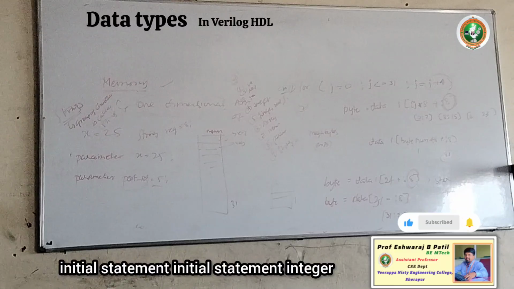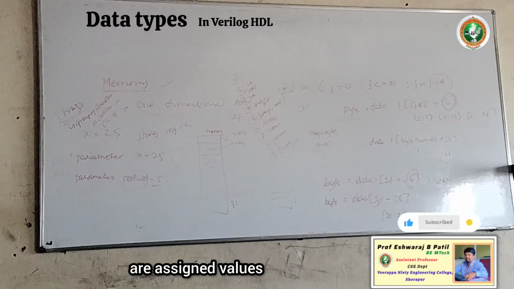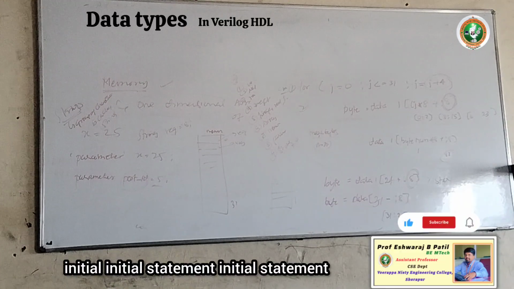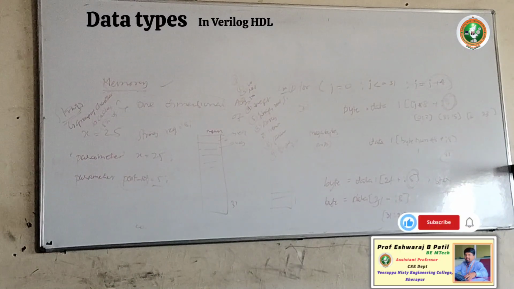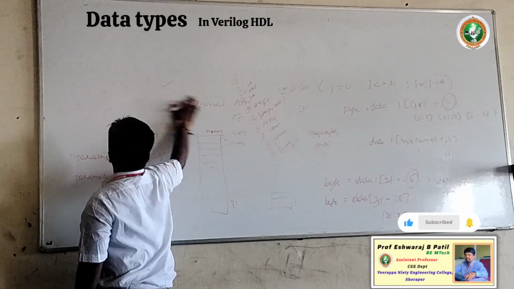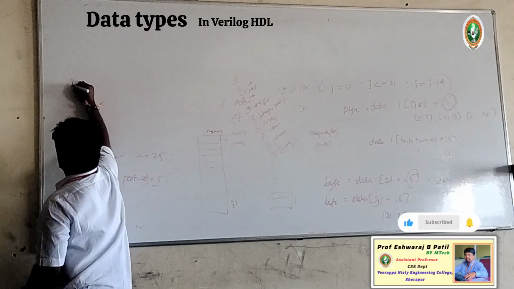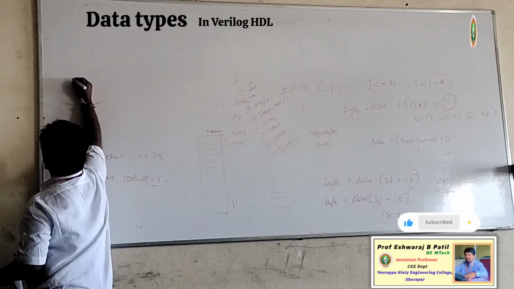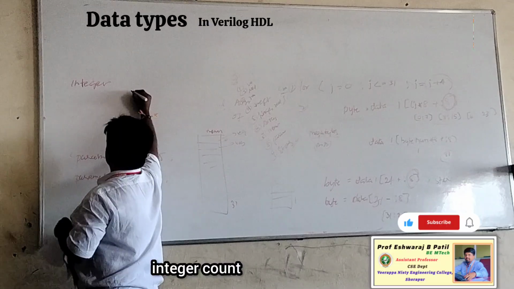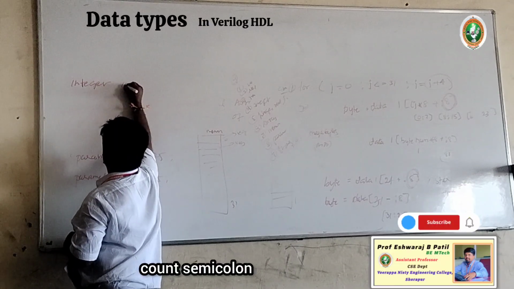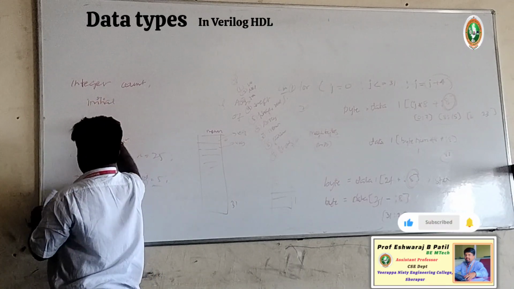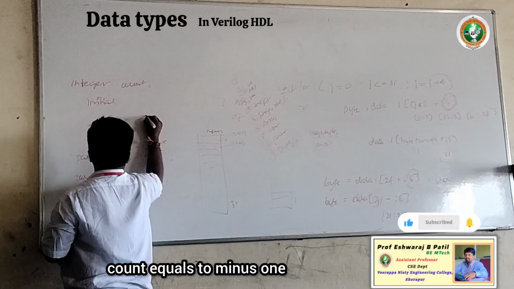After writing the initial statement, we define the integer value. Integers are assigned values inside an initial statement. For example: integer count, small letter count, semicolon, initial count equals to -1.